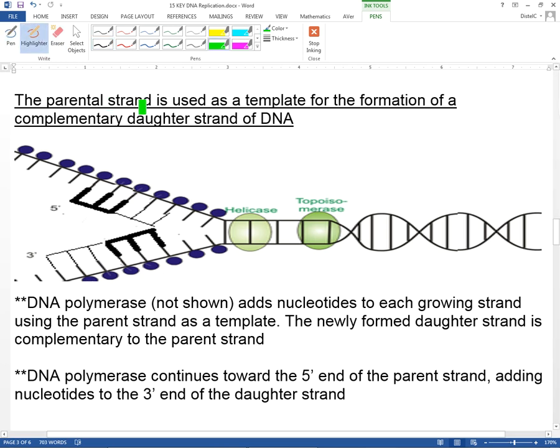All right, in this video, we're going to focus on now kind of the details of DNA replication. So the title of this section says, the parental strand is used as a template for the formation of a complementary daughter strand. I'm a big fan of highlighting things.